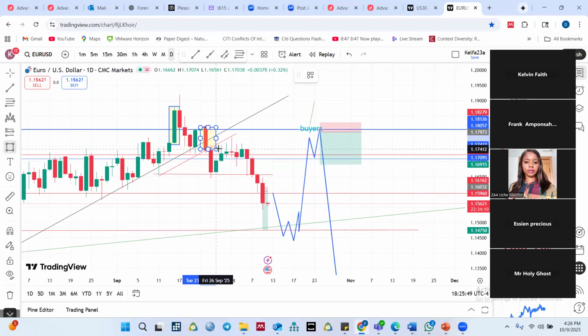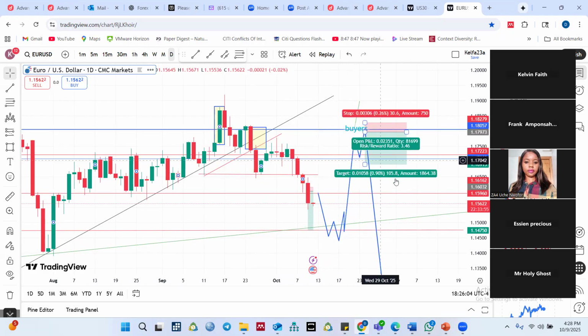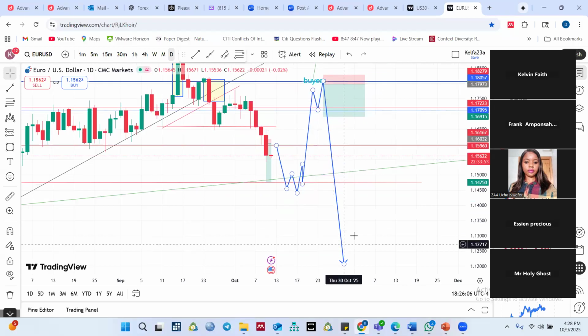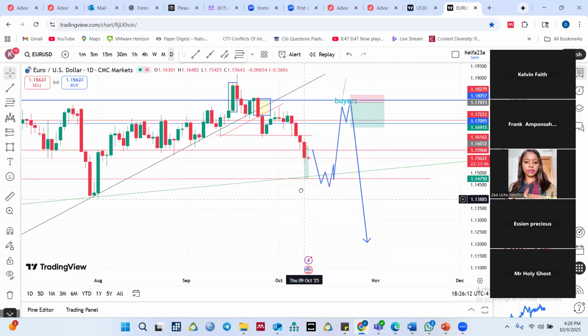Bearish engulfing. Look at it. Big red candle that engulfs everything. And then from there, we are seeing the sell. So I'm waiting for price to pull all the way up to the same place, and then I will jump on a sell or I will take a buy. That's what I am waiting for on Euro USD right now.